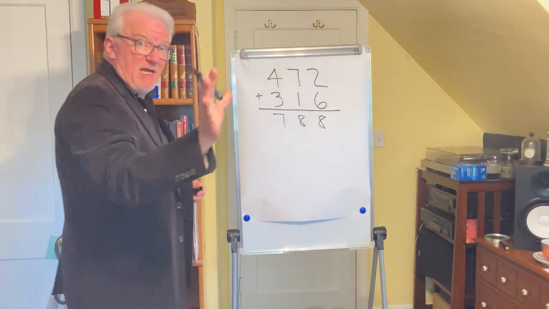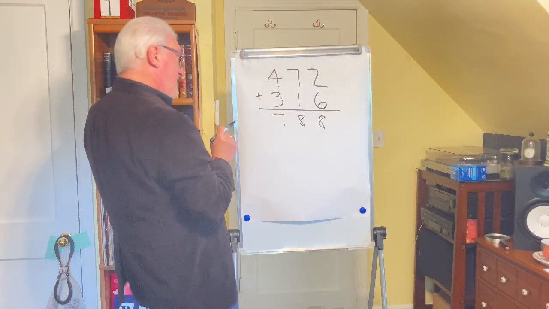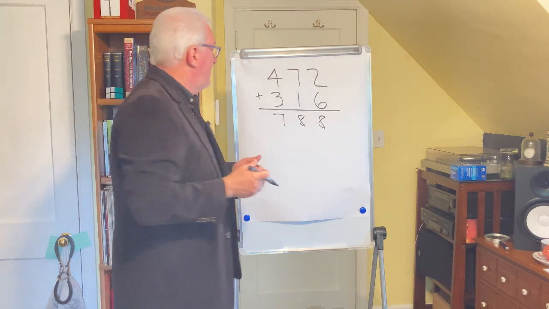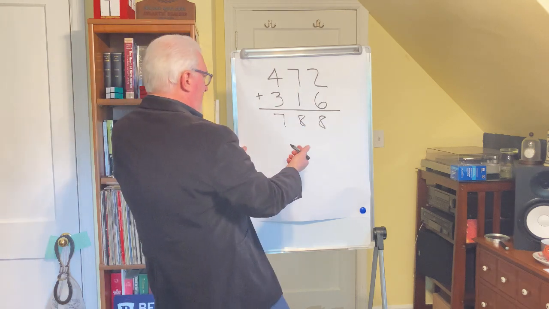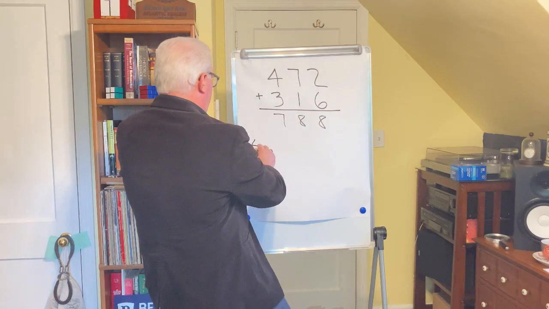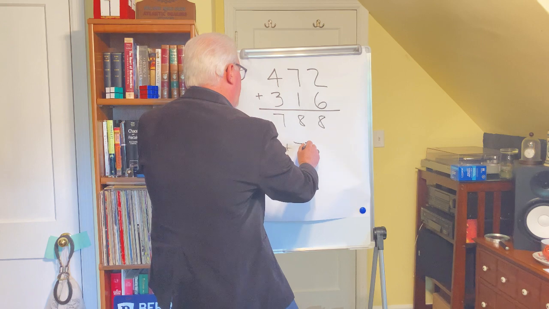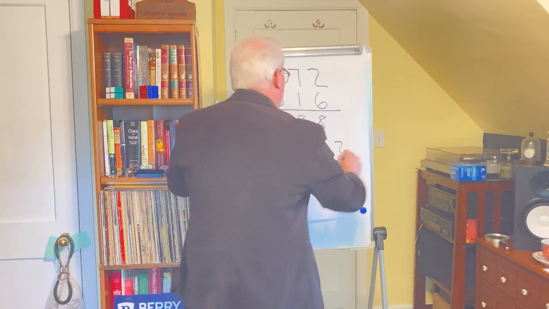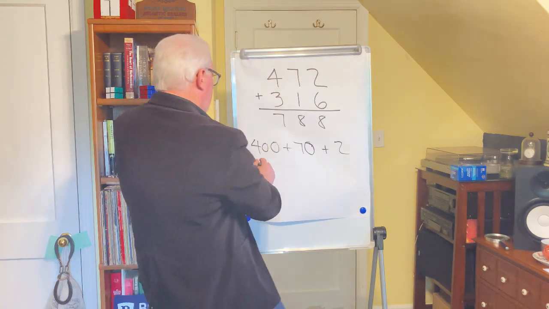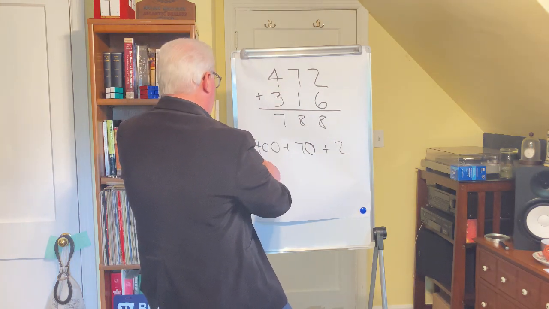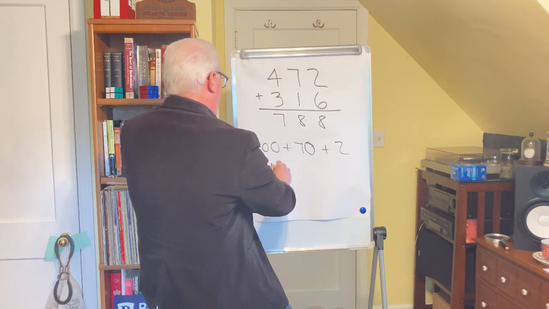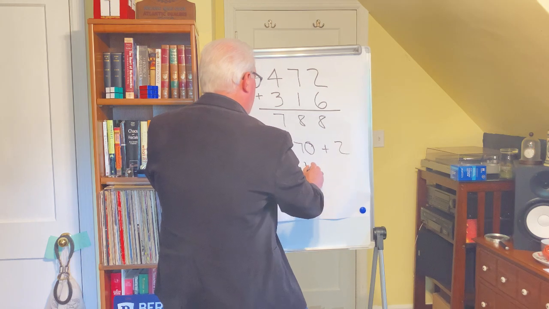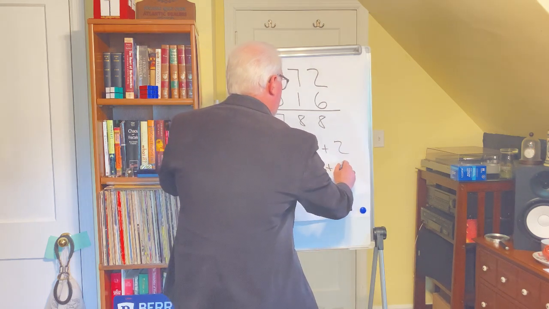Well, let's take this apart a little bit at a time and ask what we're really being asked to do in disguise. So 472 is really, what is that? 400 plus 70 plus 2 added to 300 plus 10 plus 6.